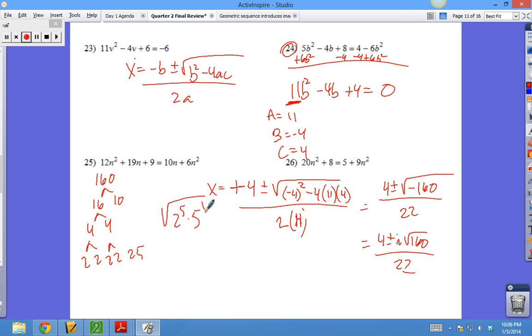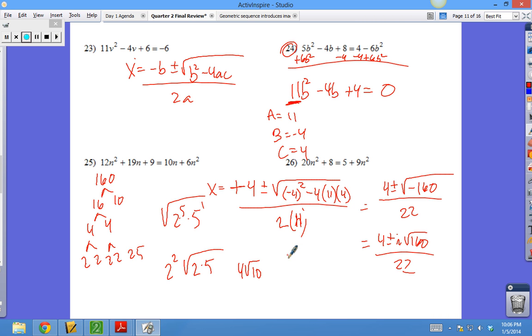There's a few squares I can take out. 2 to the 5th, how many 2's are there in 5? There's going to be 2. So 2 come out, 1 stays in. So on the outside, I'm going to have a 4, and on the inside, I've got 10. So here we go.